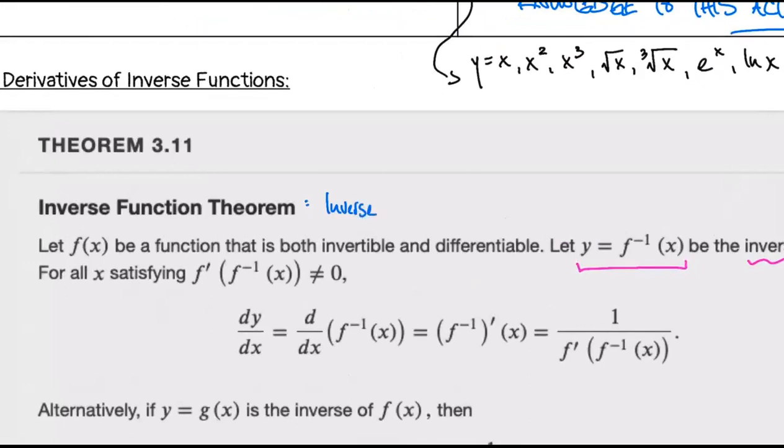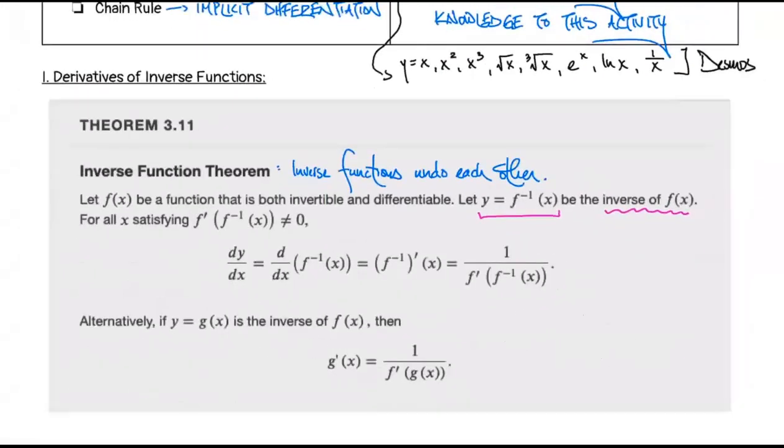So inverse functions undo each other, right? And maybe let's write down, for example, can we think of some inverse functions?